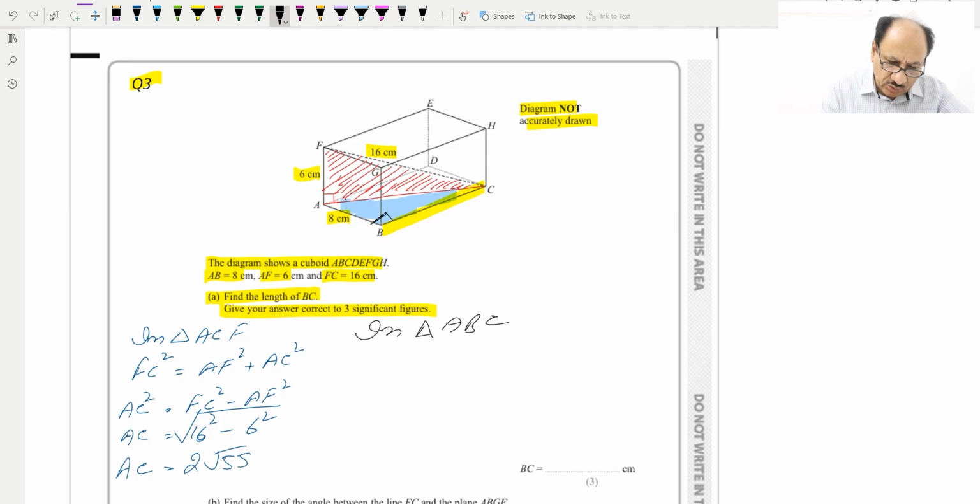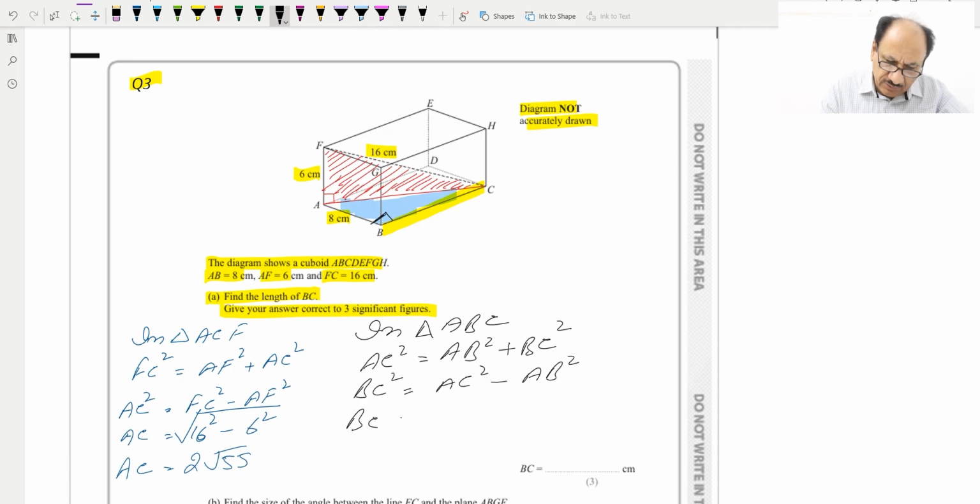So AC square is equal to AB square plus BC square, and our target is to find BC. So BC square will be equal to AC square minus AB square.